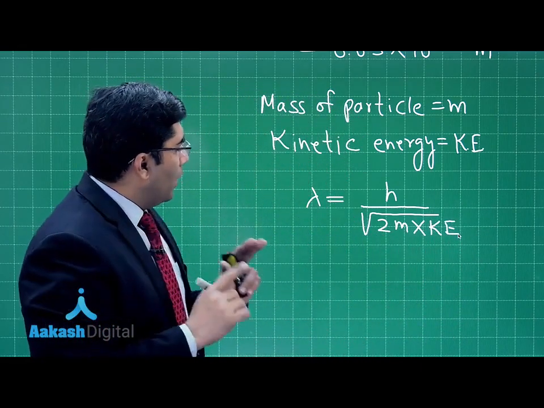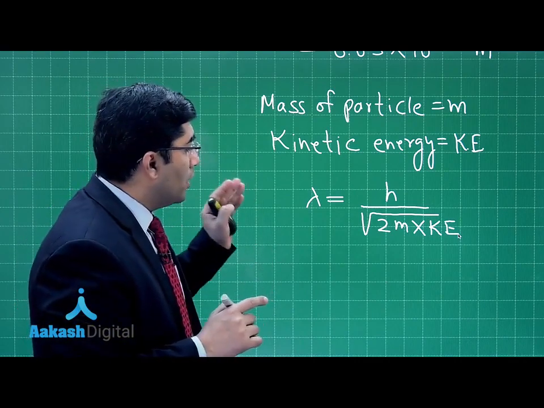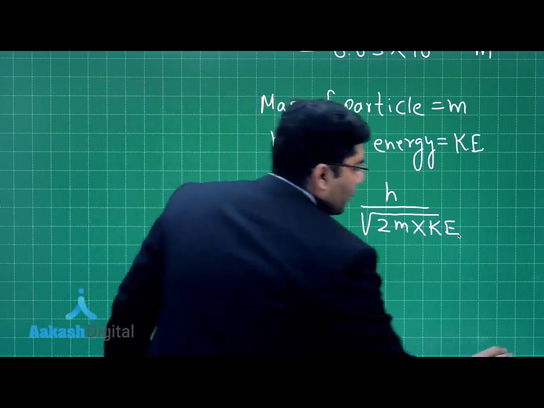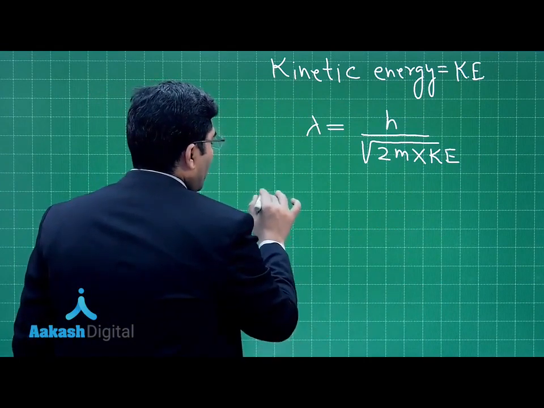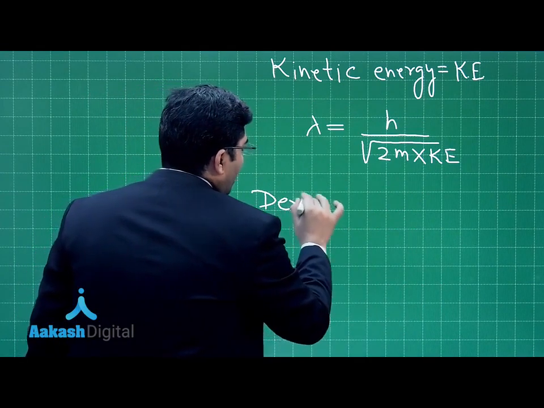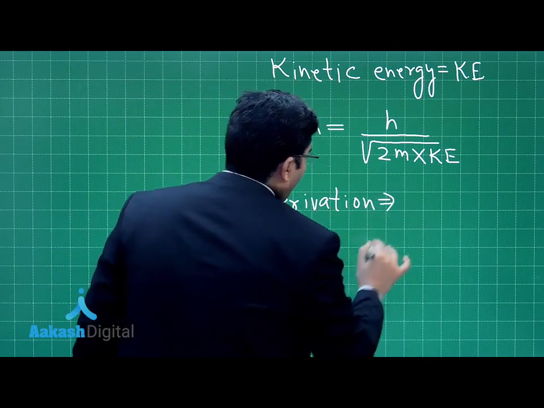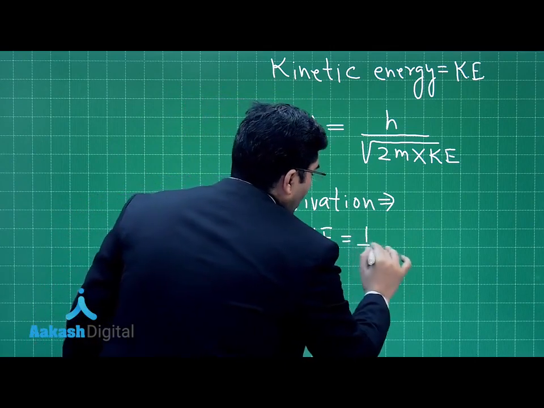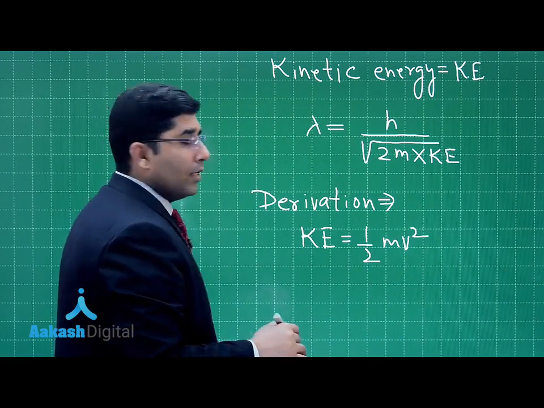Now, this we have already discussed, but we have to know where this expression comes from. So, if you talk about the derivation, we all know that kinetic energy is equal to half mv square, right?